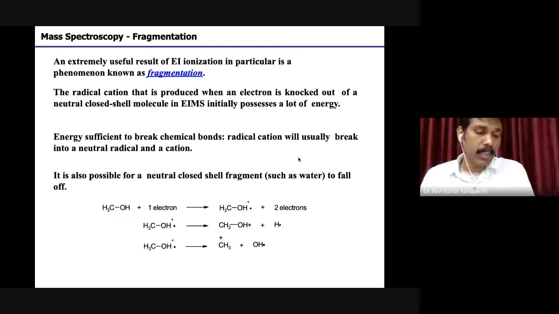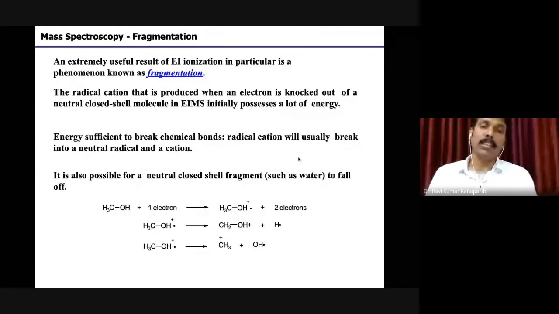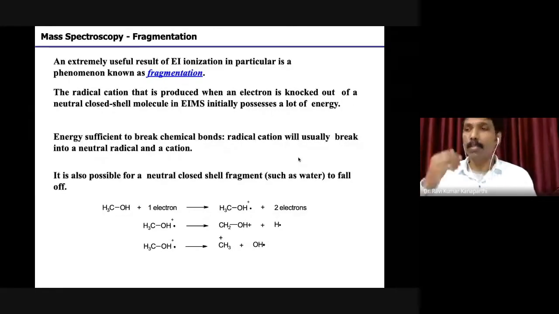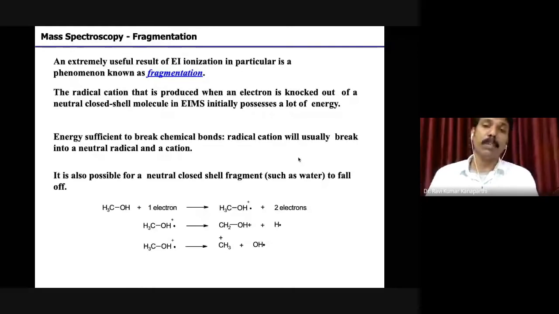In the EI ionizer, the gas phase molecules are bombarded with an electron beam having 70 electron volts. This is a huge amount of energy, and it not only knocks out one electron from the neutral molecule, but it also ruptures the bonds, and as a result further fragmentation takes place.